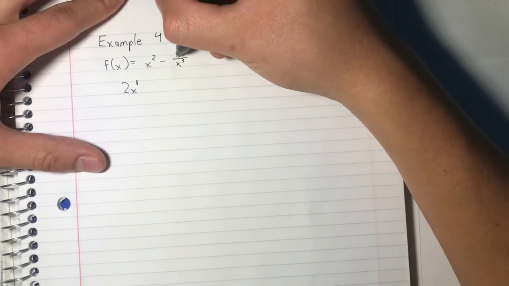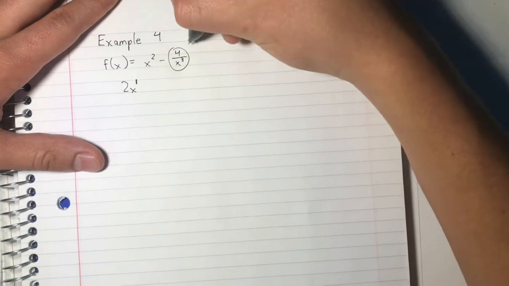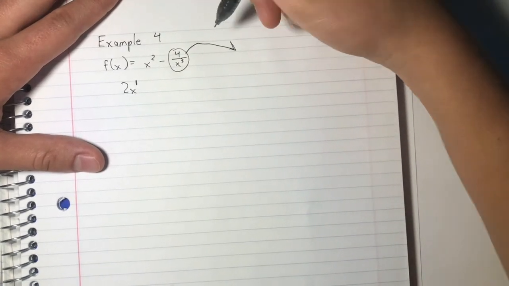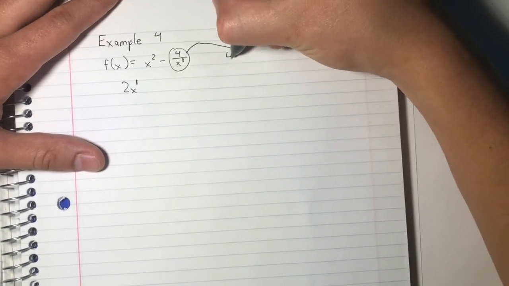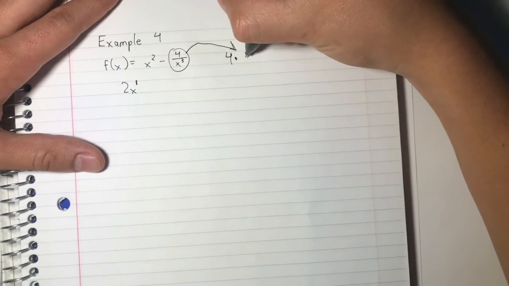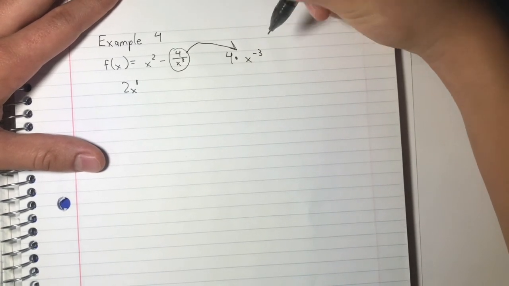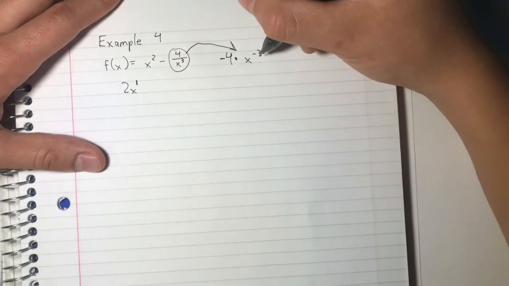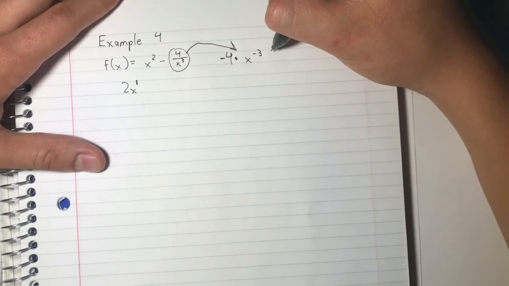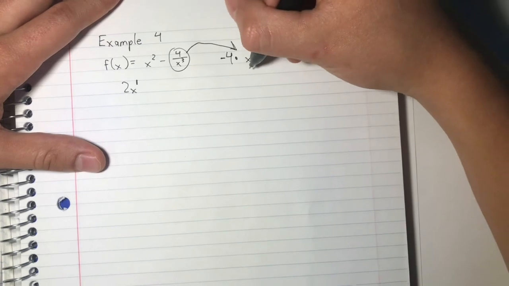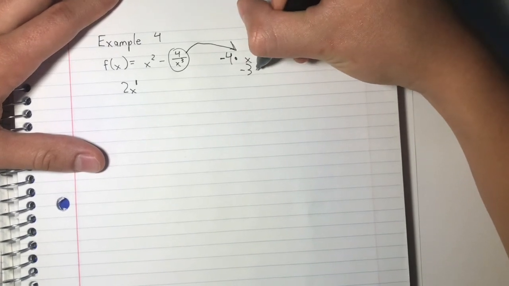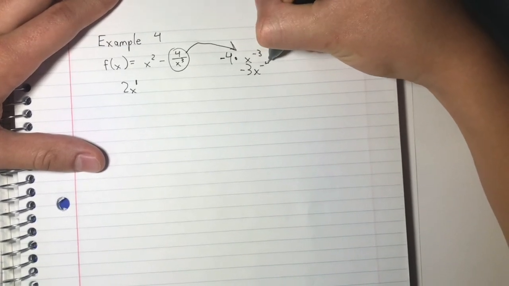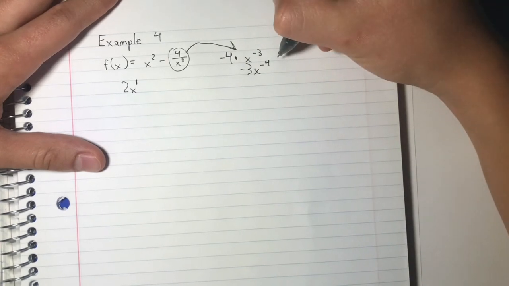Now we have this constant. So this can actually turn into this, so 4 times x to the negative 3rd power, negative 4, sorry. So x to the negative 3rd power is going to turn into negative 3x to the negative 4th power.